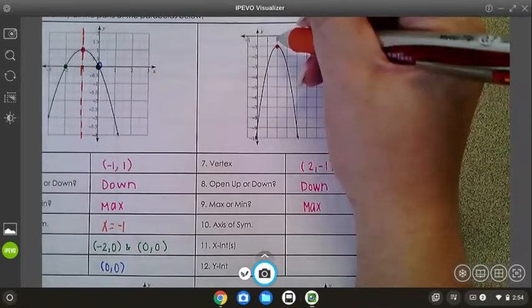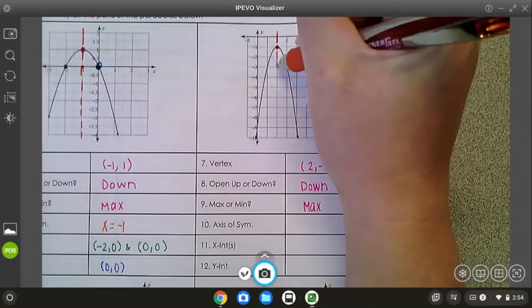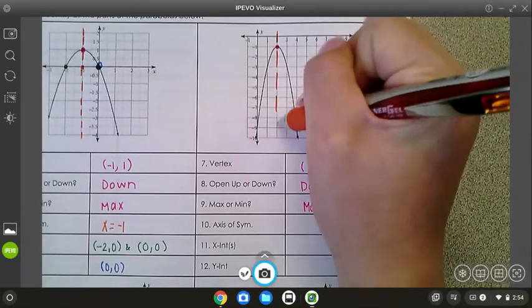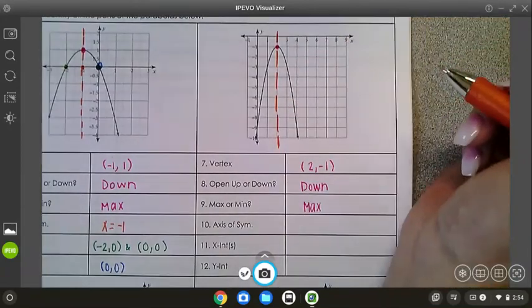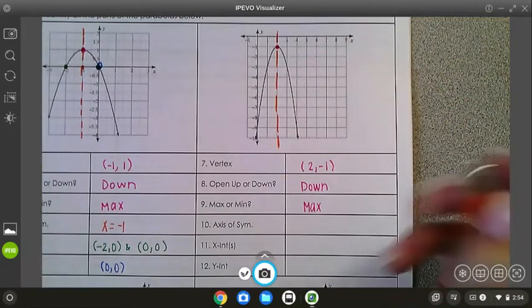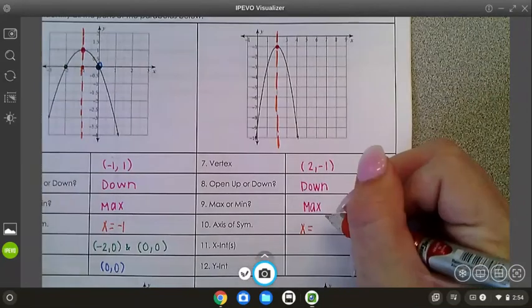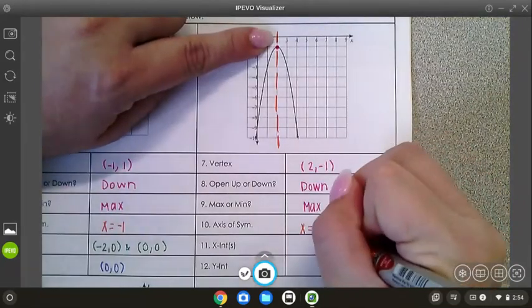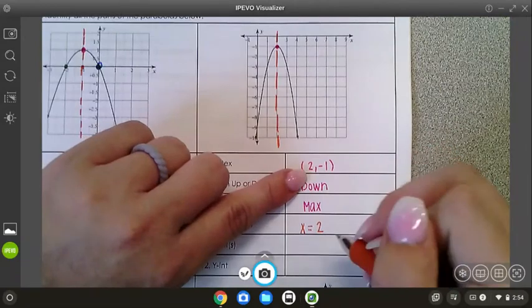The axis of symmetry is this line right here. And we put x equals, and then it crosses through at 2, or you could look at your vertex.